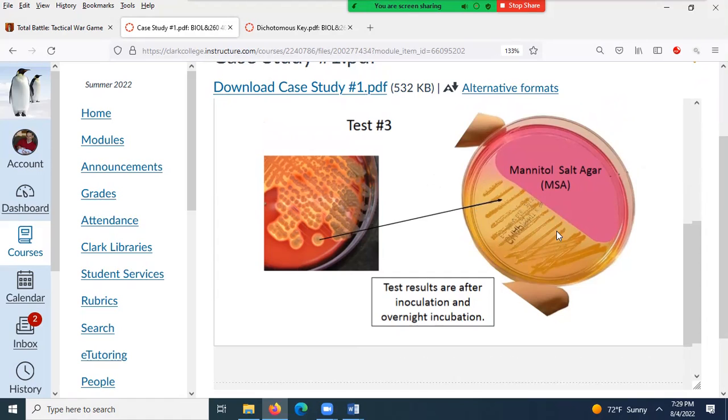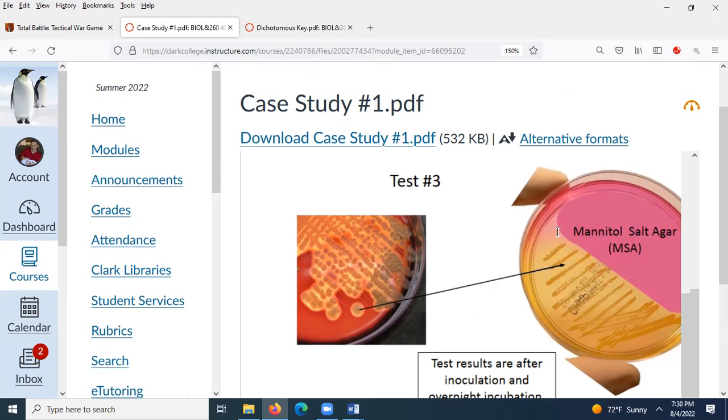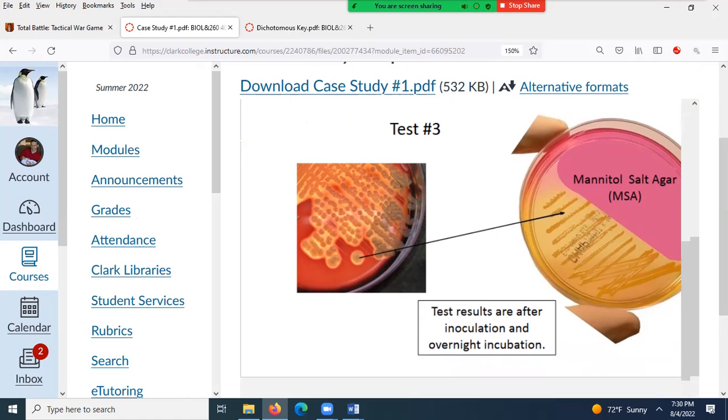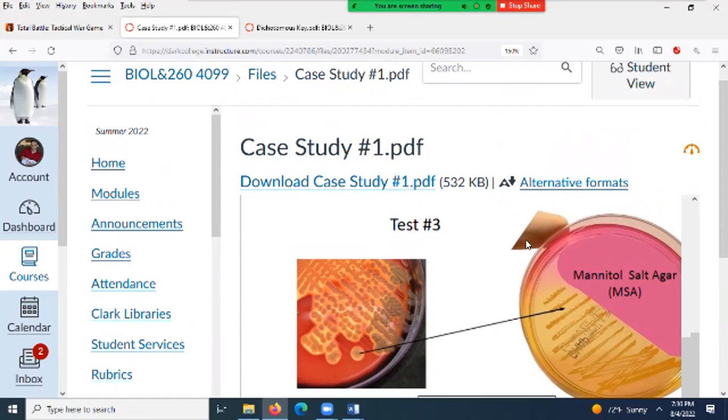It, first of all, only grows organisms that grow in a high salt concentration. And then it looks for the fermentation of mannitol. And this is the bacteria here. There's no bacteria there. And so you have to determine if the mannitol was fermented or not, and then identify the bacteria. All right, any questions about any of that?